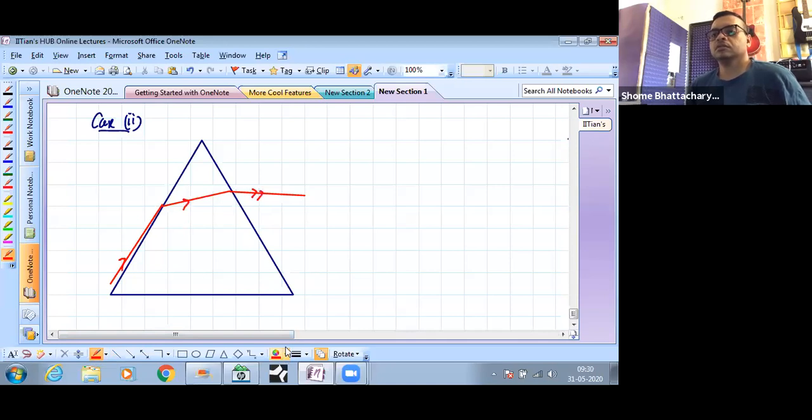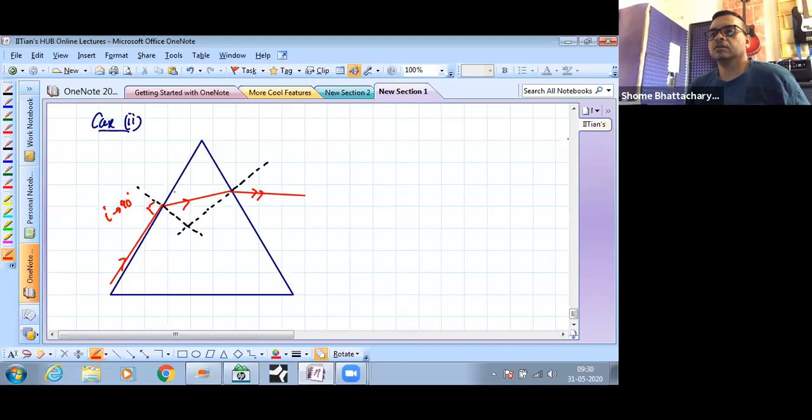So here the angle of incidence is tending to 90 degrees.